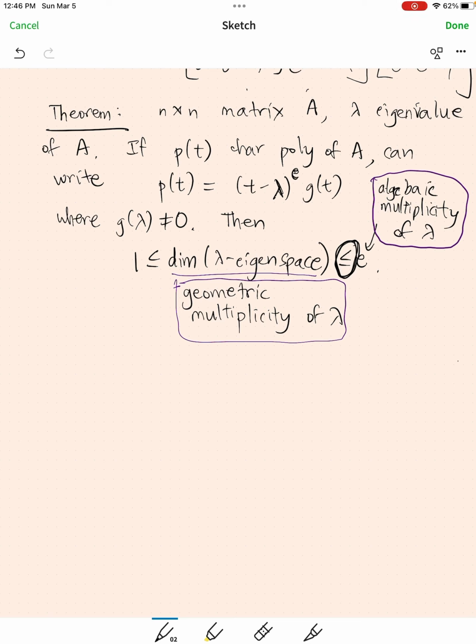Now I think we're ready for the theorem. So this is the main result of this lesson. Test for diagonalization. So again, let A be an n by n matrix.